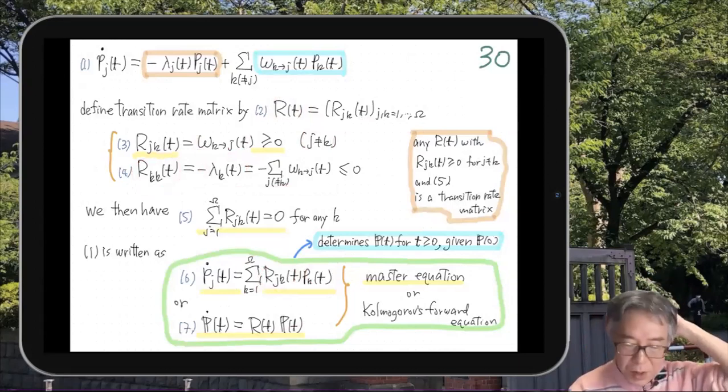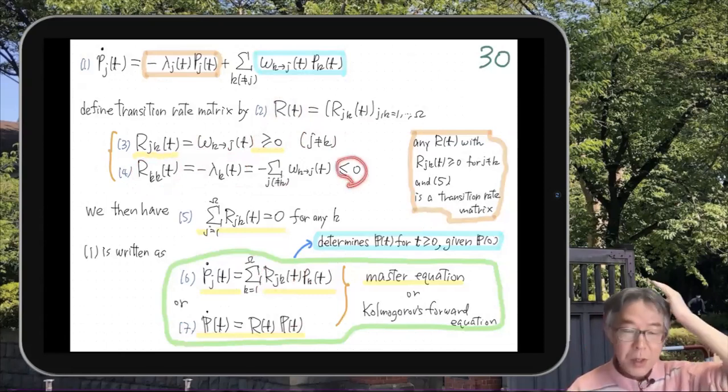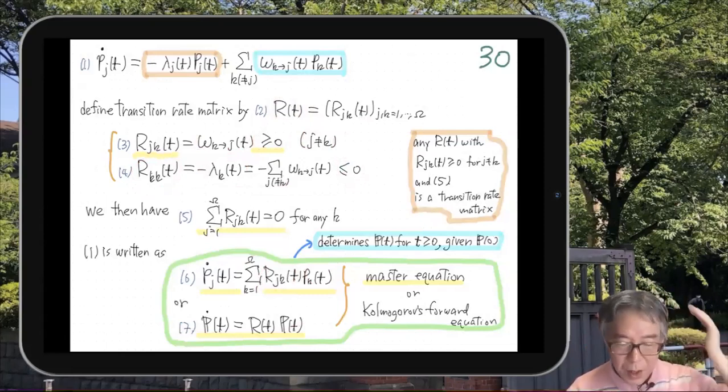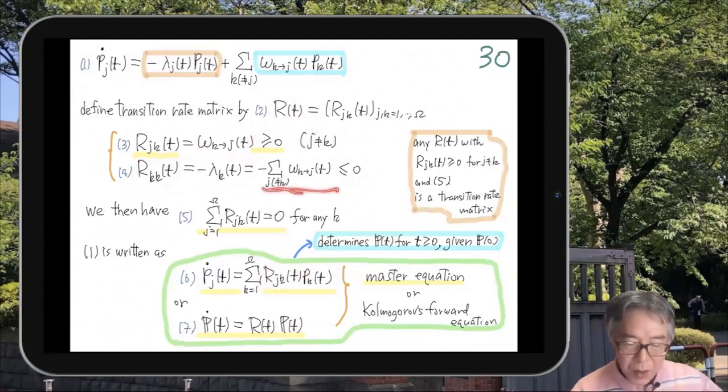So the off-diagonal is always non-negative, but the diagonal is in general non-positive. And from this definition, you see that if you sum over the first index, you get 0. So this is somewhat like a stochastic matrix, but in the case of a stochastic matrix, if you sum over j, you get 1. In this case, you get 0 for any k. This is the property of this transition rate matrix.